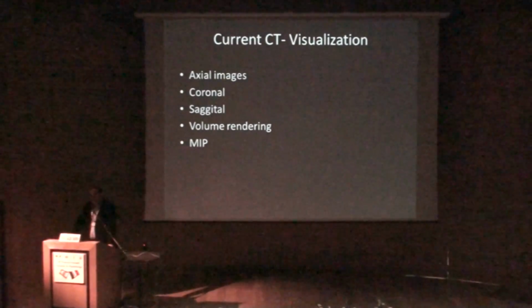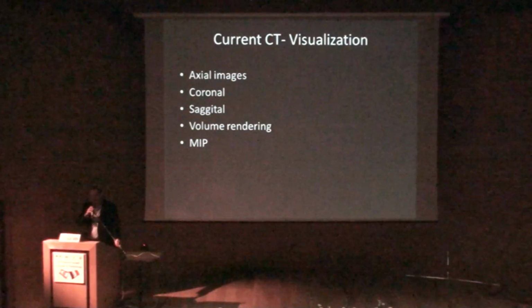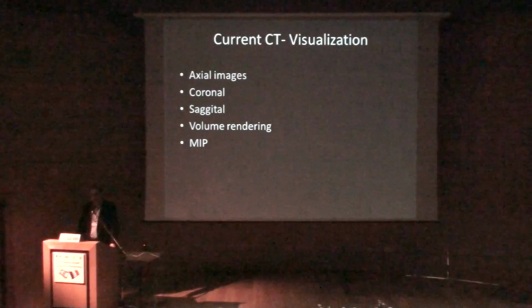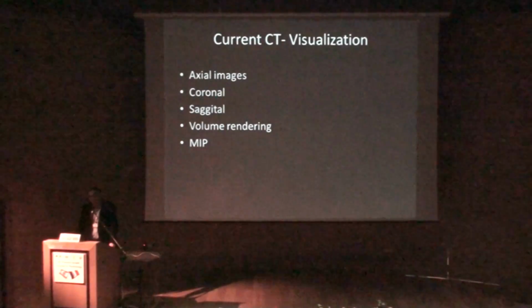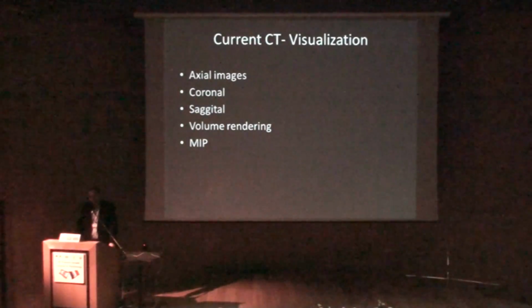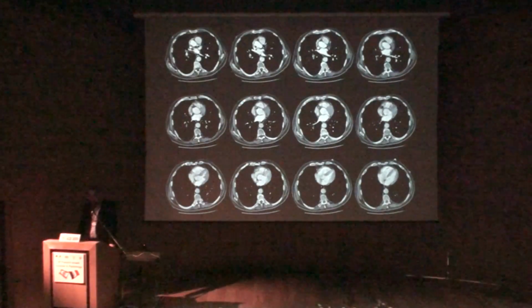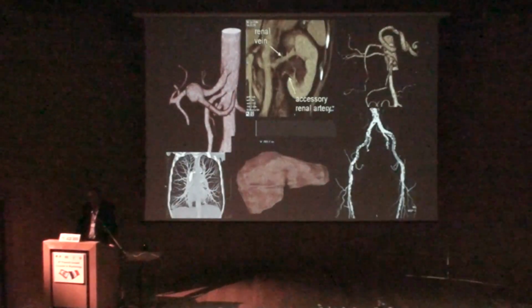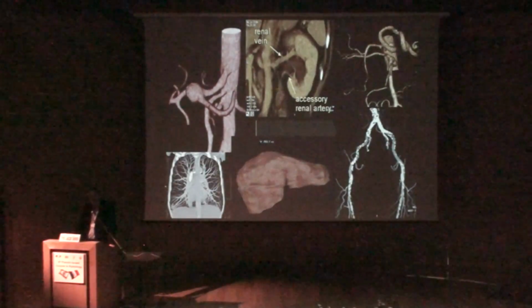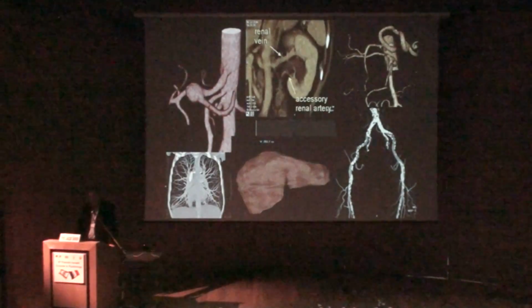When we think about visualization in CT, we have axial images, coronal, sagittal, very nice reconstructions, volume rendering, and VIPs, and that's the way we're used to looking at CTs, and we can have very fancy 3D reconstructions.